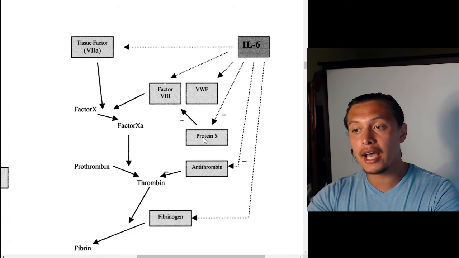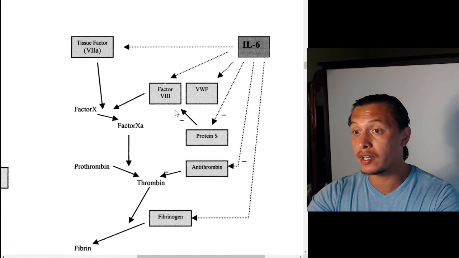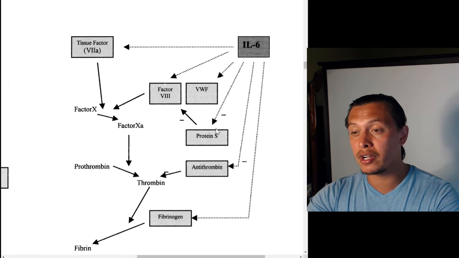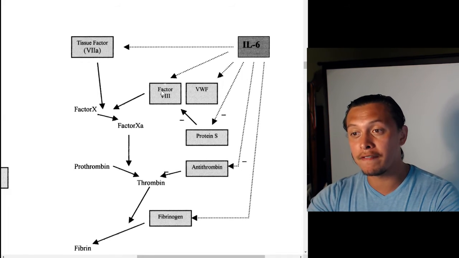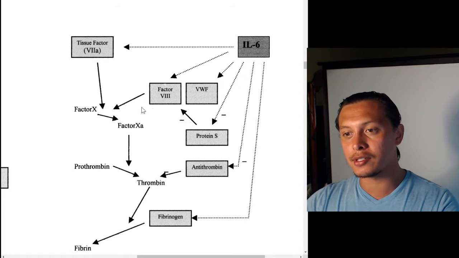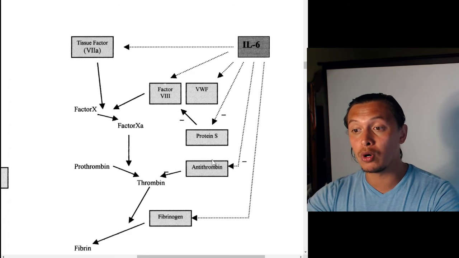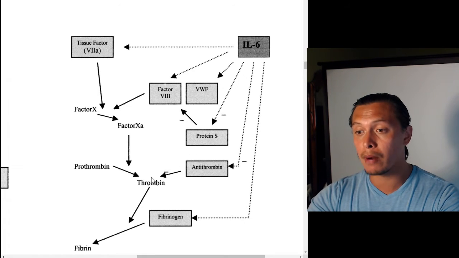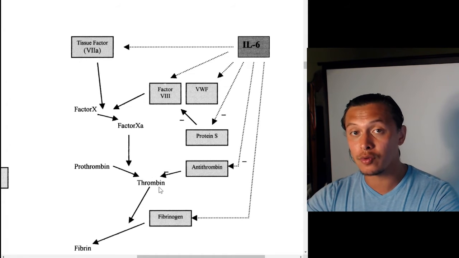So it can downregulate protein S, which normally downregulates factor 8, but if you downregulate protein S, then all of a sudden factor 8 is now more active, and so that can enter this pathway. Same thing with antithrombin. Antithrombin will prevent thrombin from working properly. Well, if you get rid of antithrombin, then you can activate this thrombin.